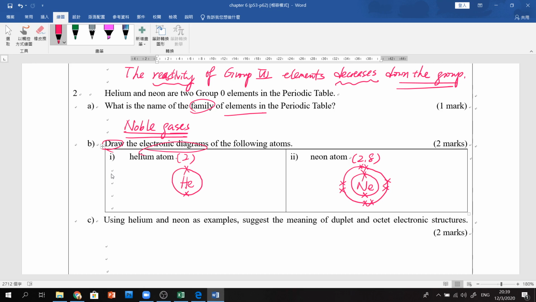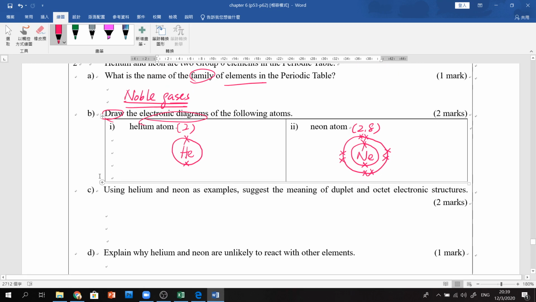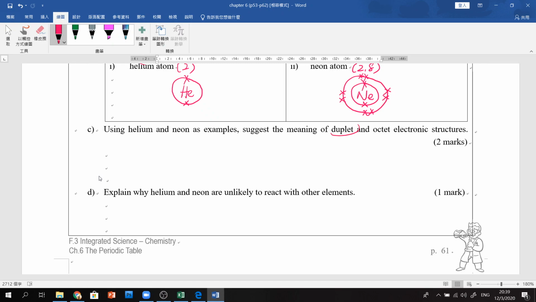It's easy, right? So helium and neon as examples, suggest the meaning of the term doublet and octet electronic structure. So you're going to talk about helium.